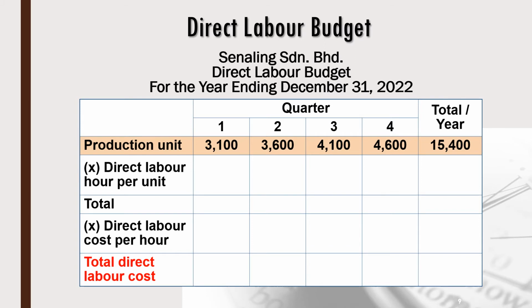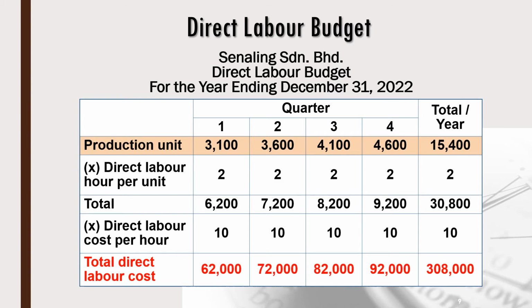And then, write down all the particulars. For example, quarter 1, the production unit equals 3,100 multiplied by direct labor hour per unit, that is 2 hours. So total equals 6,200.